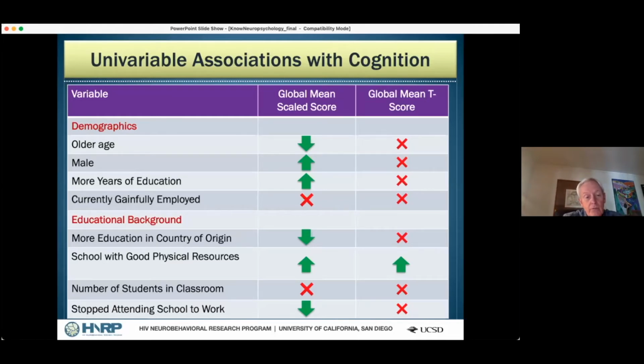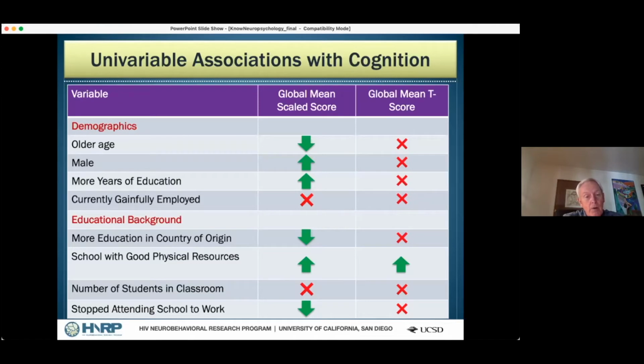We asked as well whether the schools that they attended had good physical resources, and this would be things like having just one grade in a classroom and having enough space in the school environment to have recreational activities going on as well.